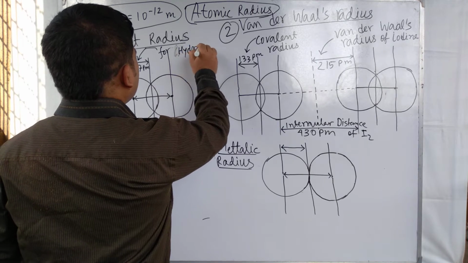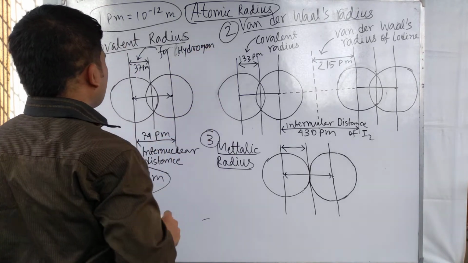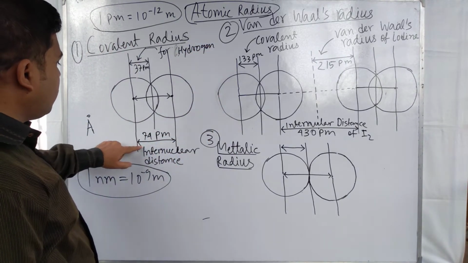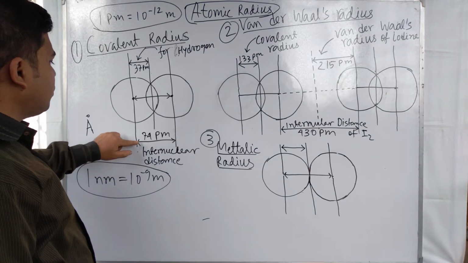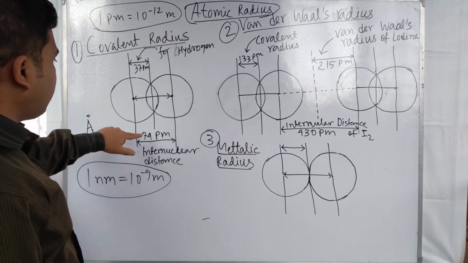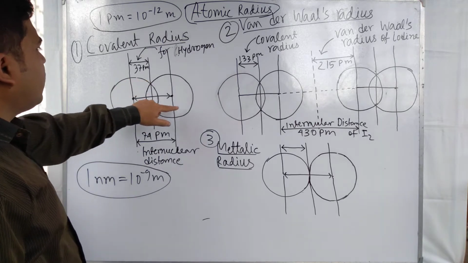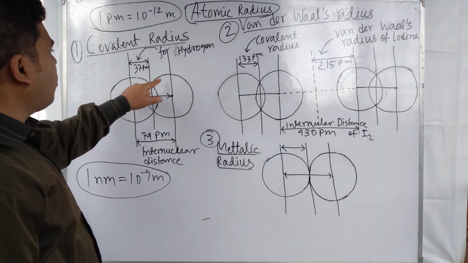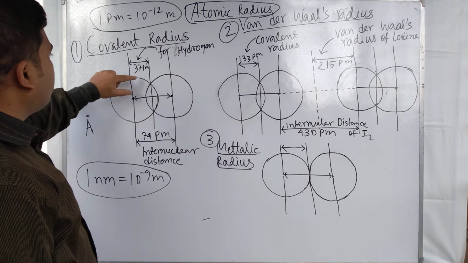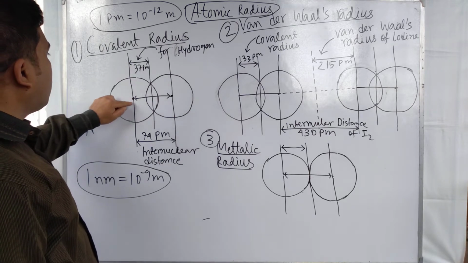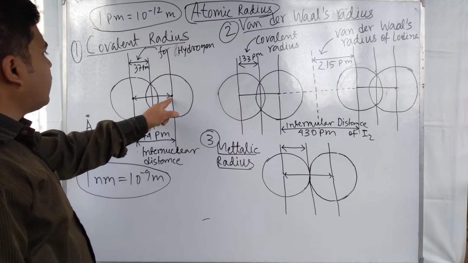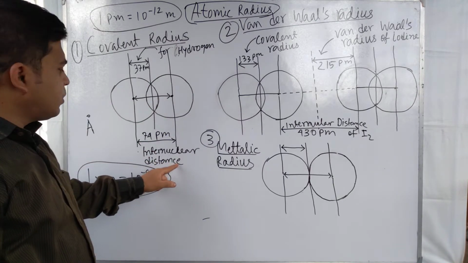For hydrogen, the internuclear distance of two hydrogen atoms is 74 picometer, and the two hydrogen atoms form a covalent bond. The distance between the nucleus of one atom and the other is called the internuclear distance.